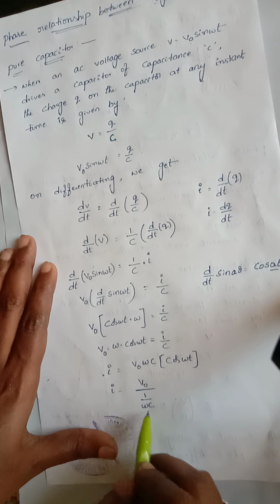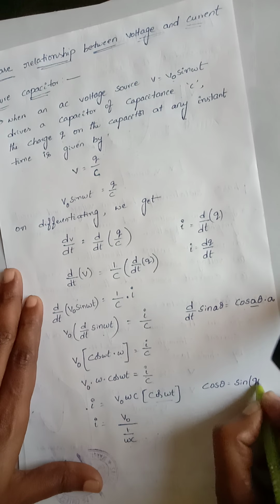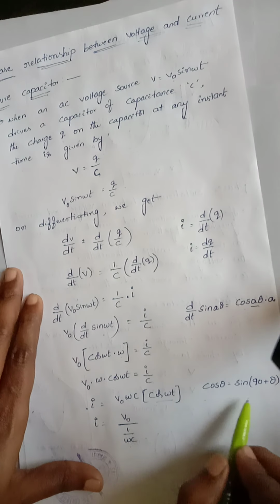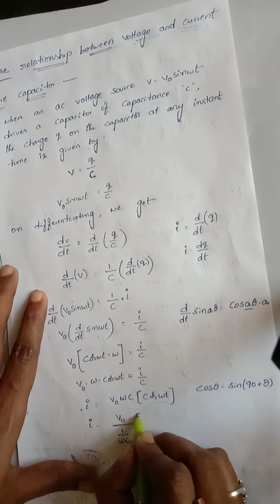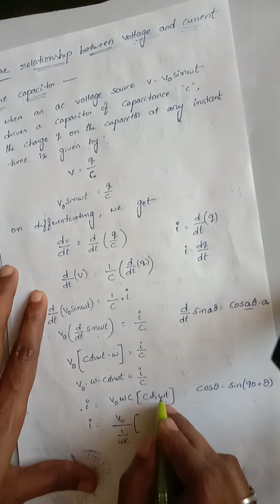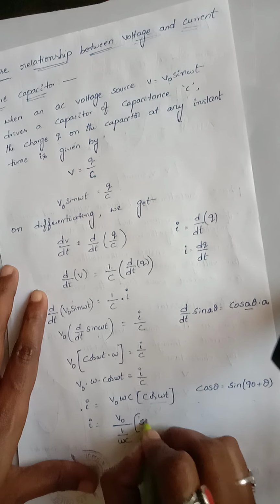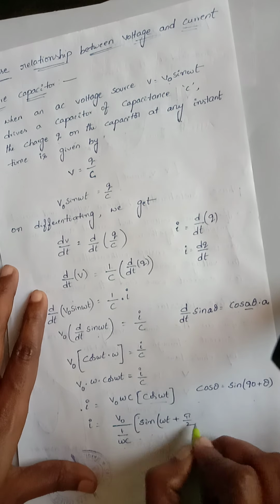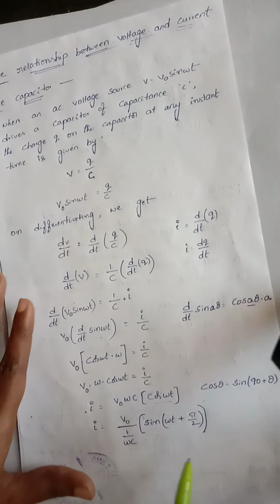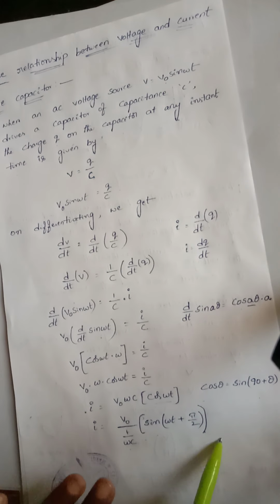Cos theta is equal to sin of 90 plus theta, so cos omega t is sin of omega t plus pi by 2.